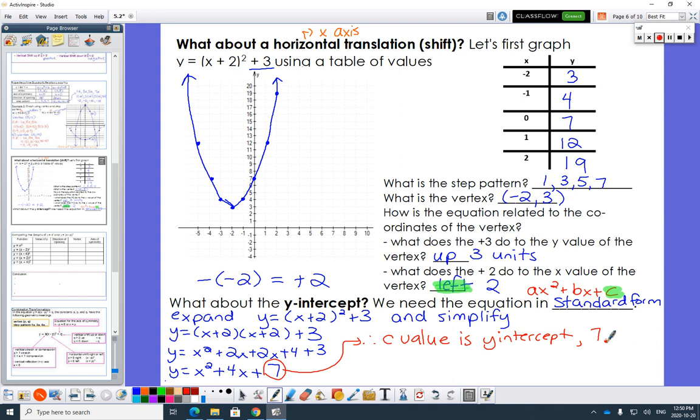That's not always possible, but this is probably what you would have done in grade 9, was sub in x equals 0. This might have been more using standard form what you would have done in grade 10.